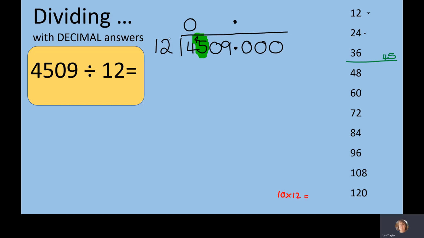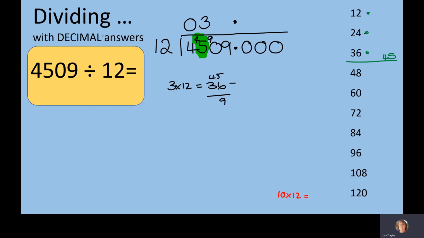So that means we've got 3 lots of 12 in 45. 3 times 12 gives us 36, but we were sharing out 45. The difference between those two numbers is 9, which means we've still got 9 we haven't shared out. So we have a remainder of 9.